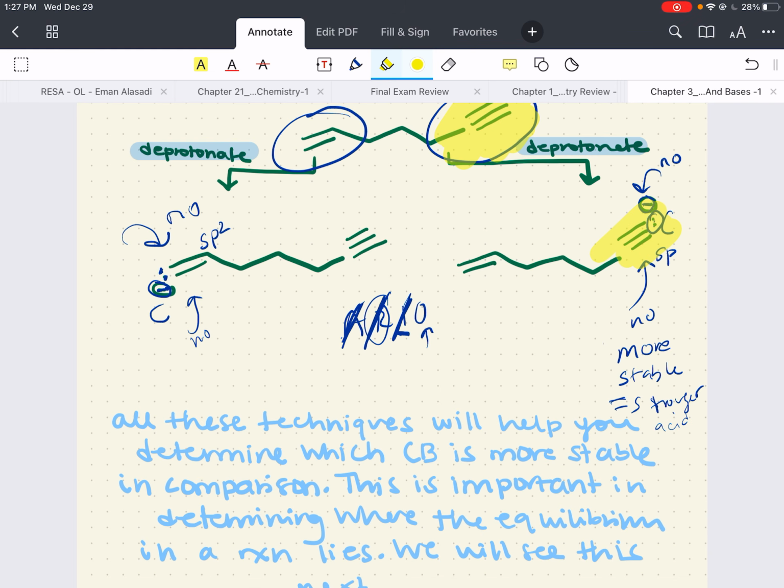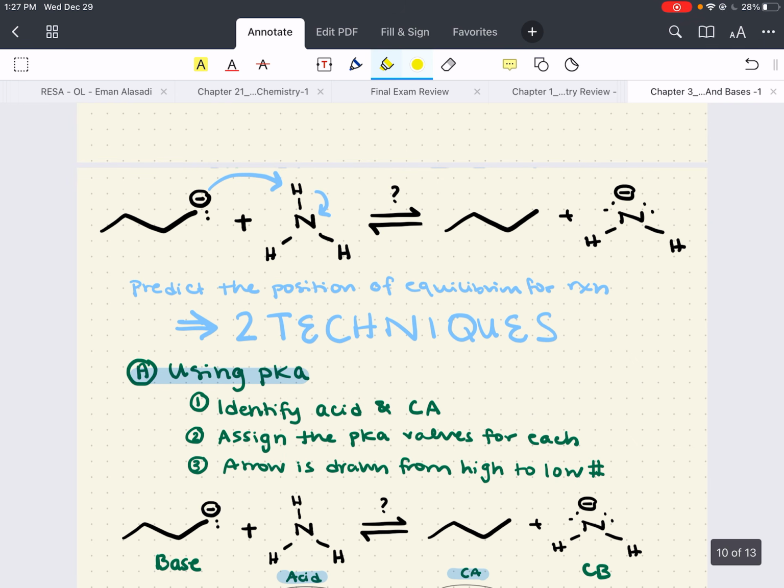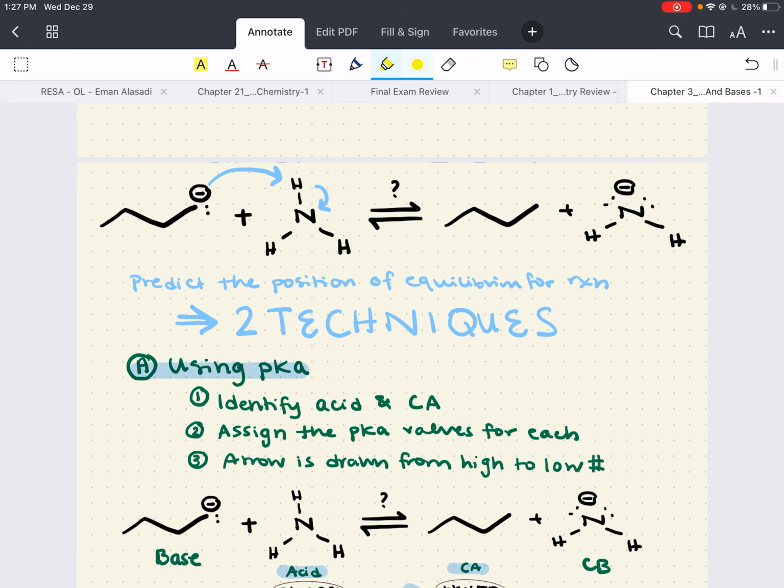And ultimately, this is important in determining where the equilibrium in a reaction lies. And we're going to see this next. Whenever you're given an acid-base reaction like this, you're going to be asked to predict the position of equilibrium.